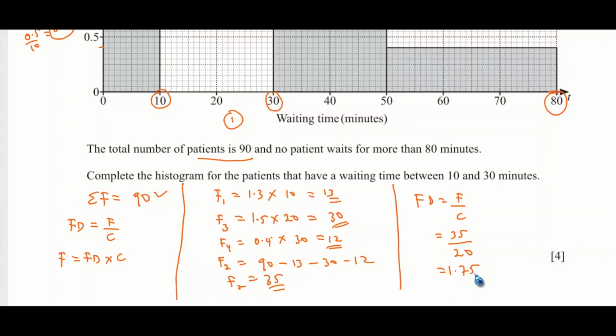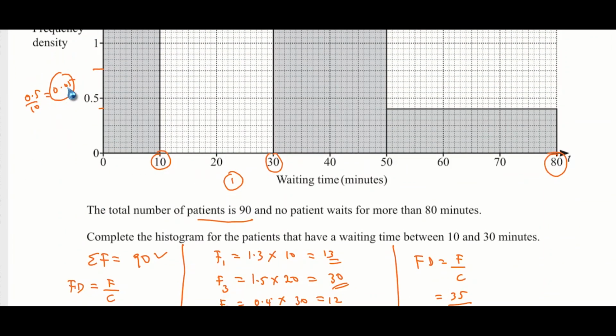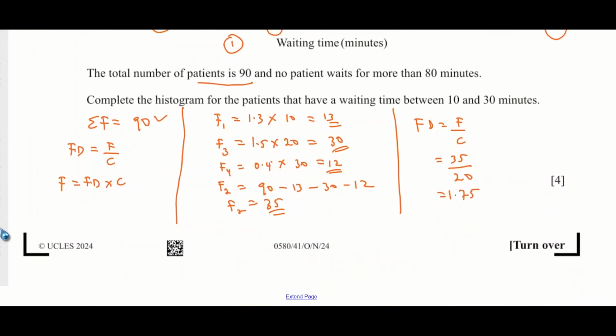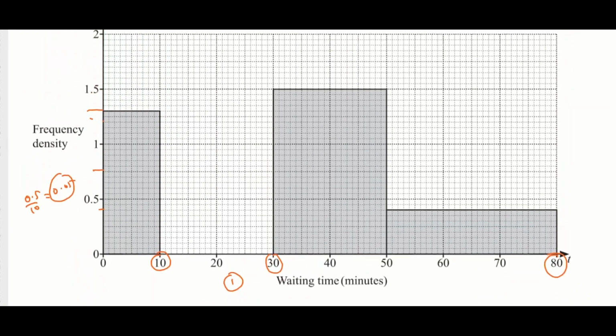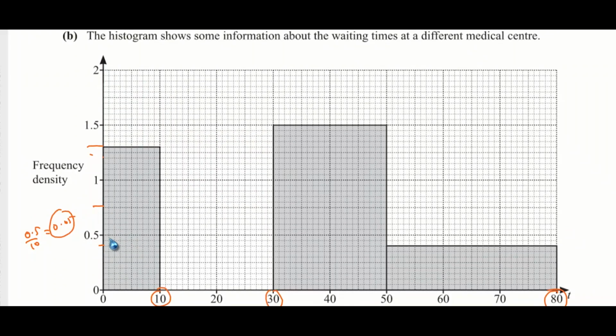Divide 1.75 by the value of a line, which is 0.05. You get 35 lines. So if you go straight to 35 lines, that is where you have 1.75. So this is 10, 20, 30, so 31, 32, 33, 34, 35. So it's here.